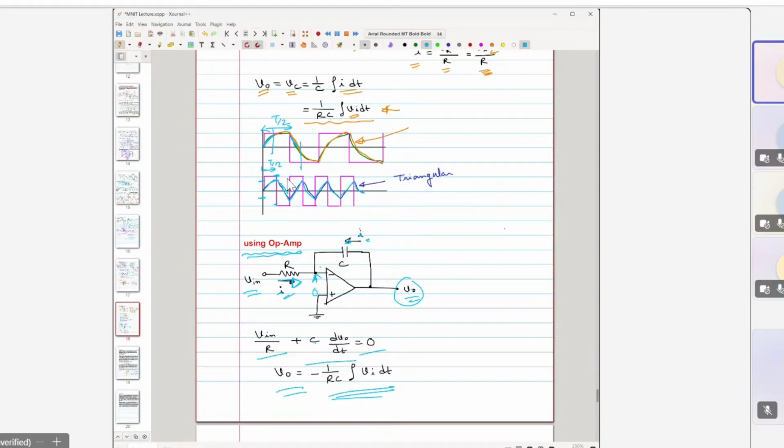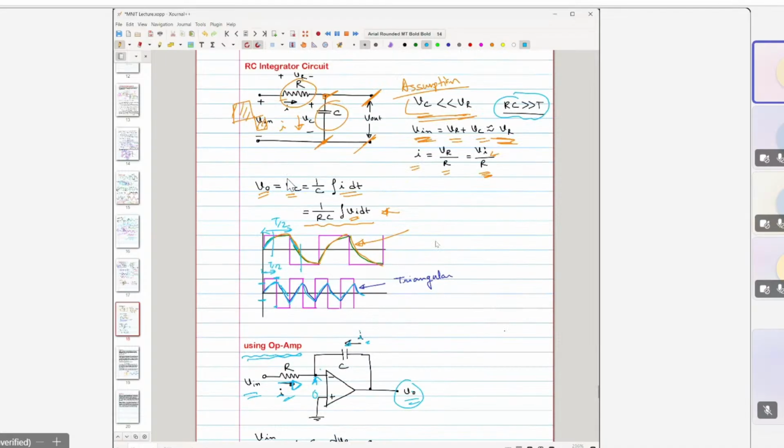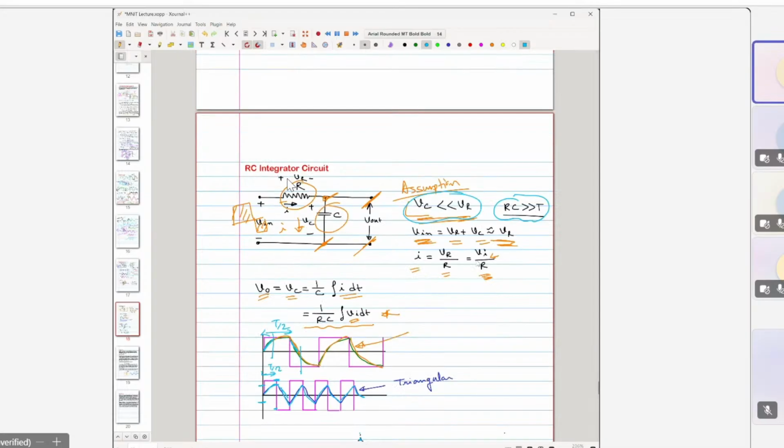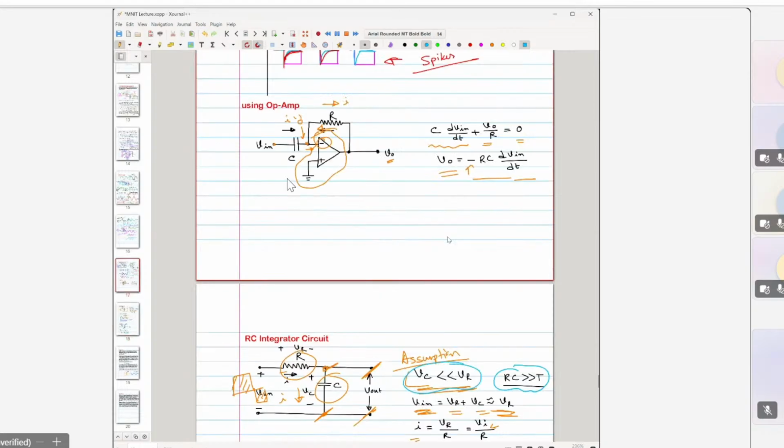So you can see this output is the integral of this input. But in this circuit, no such assumption is involved.